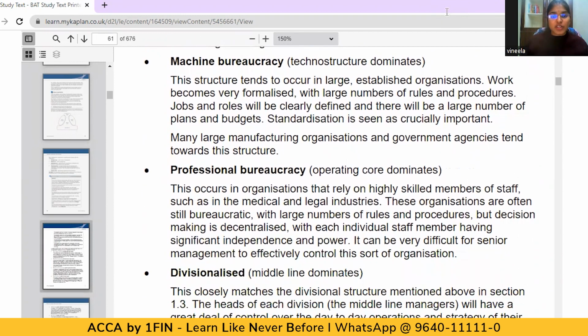Second type of structure, machine bureaucracy, which is dominated by technical people in the organization, as these are the people who are providing proper guidance for the operational procedures, or providing proper guidelines or streamlining the guidelines in the organization. These people will try to dominate the organization.